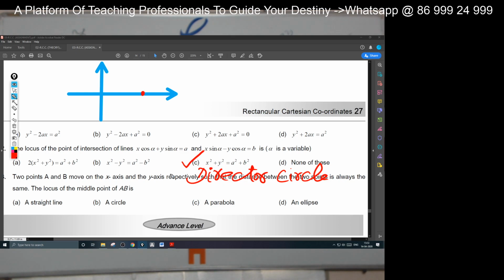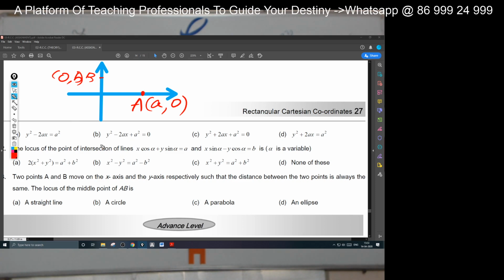Now in this question, A is a point lying on the x-axis. Let me say A as a comma 0. B is a point on the y-axis. Let me say this as 0 comma b.